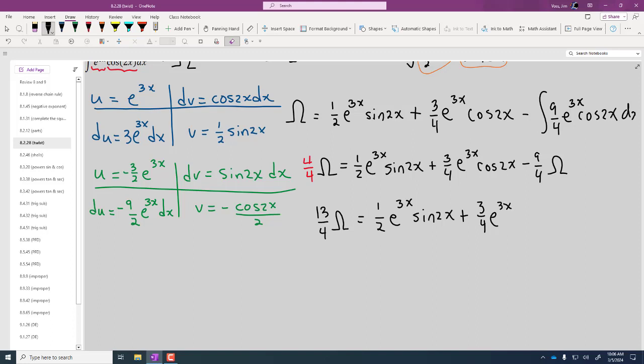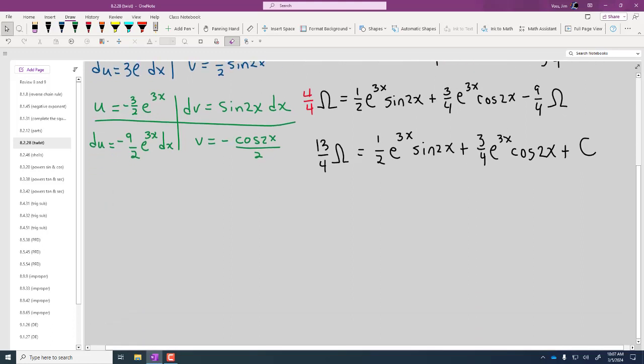Plus C. We will add a constant of integration.